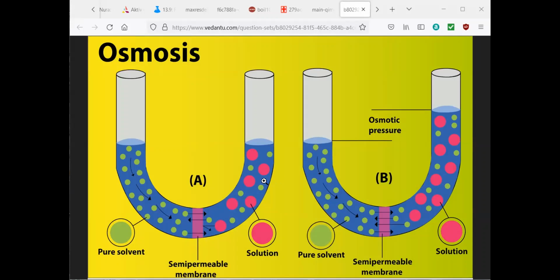Well, if this has a concentration and this doesn't, what your system wants to do is to move water across to try to dilute this solution as much as possible. It wants to be close to being equal in terms of concentration.